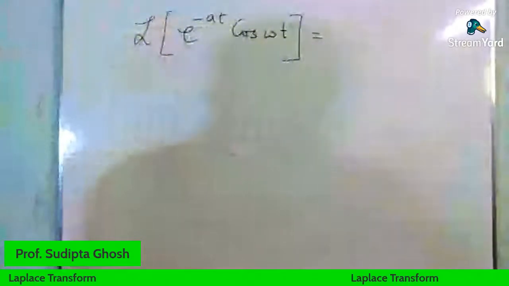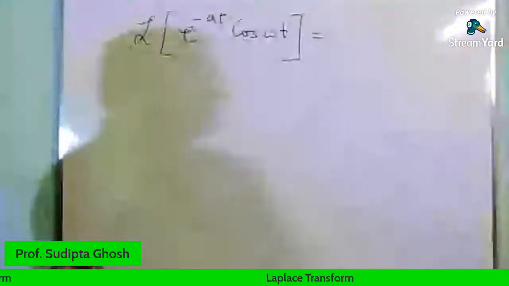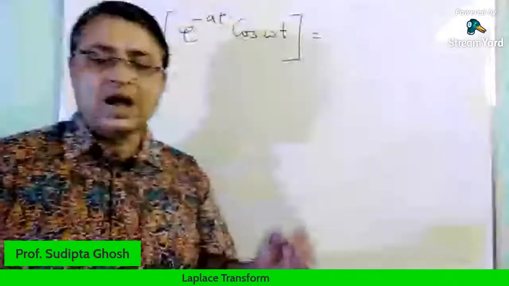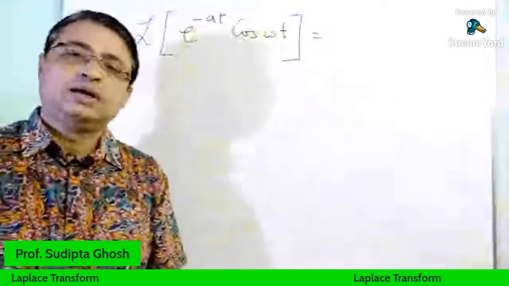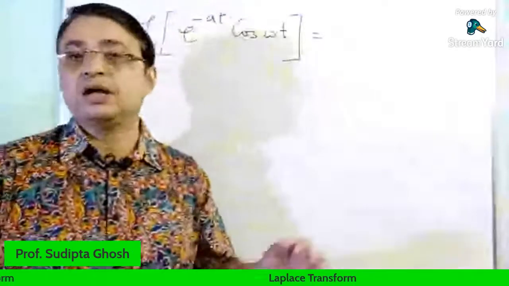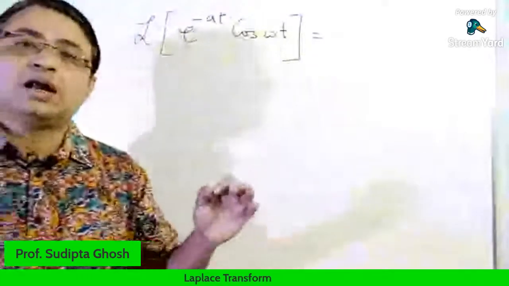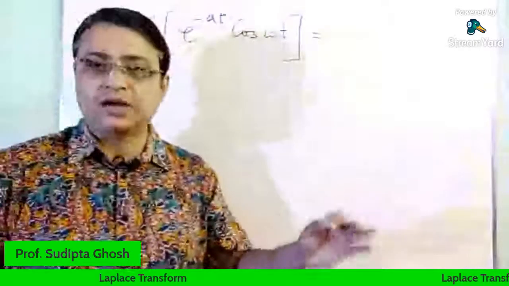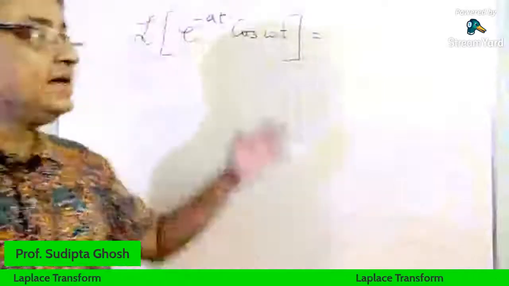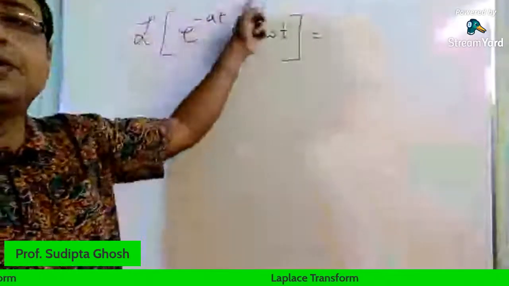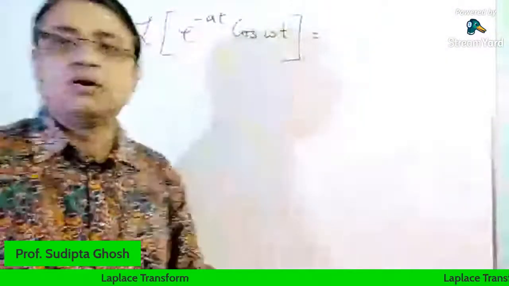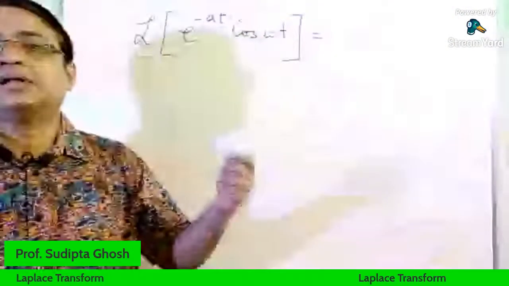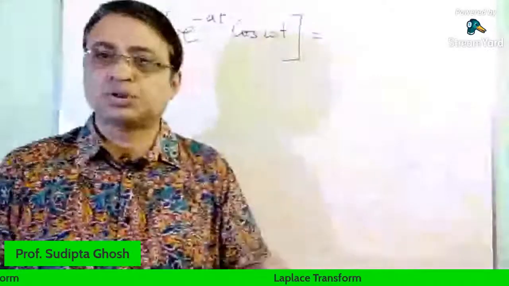So what I am saying is that you have to find the Laplace transformation of the function f of t. Now here f of t is actually cos omega t, and we have already derived the Laplace transform of cos omega t.